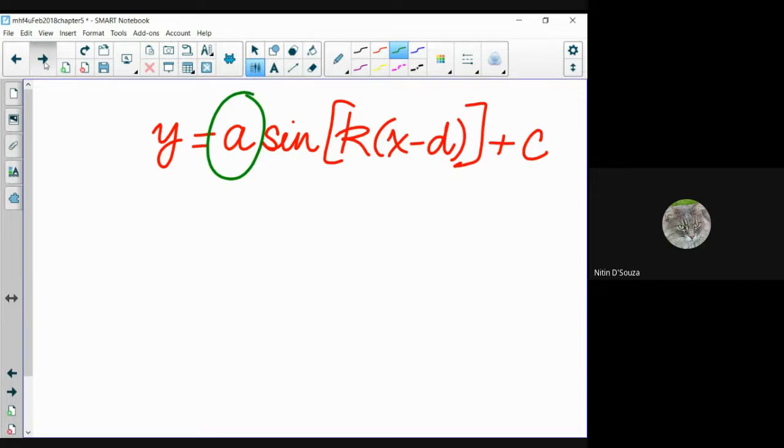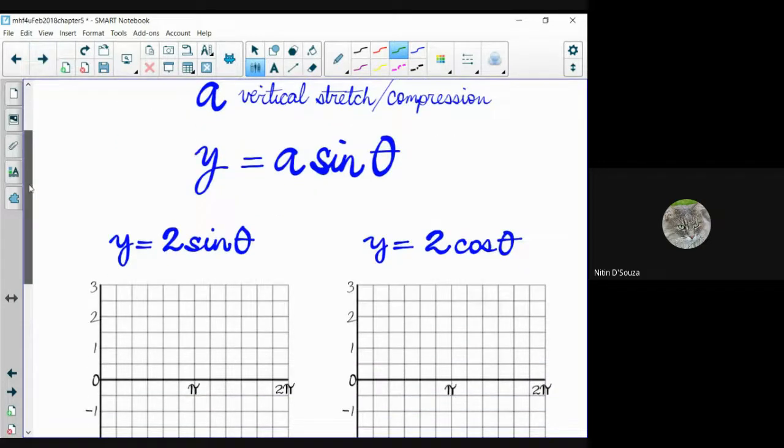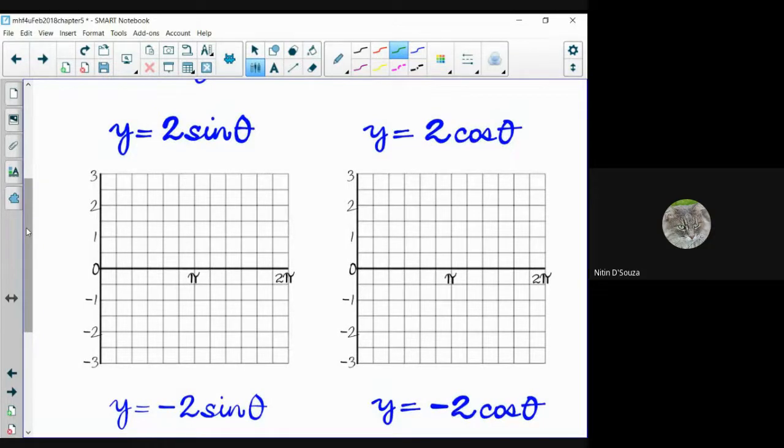So let's look at the first one. We're looking at vertical stretch or compression. I'm going to start with my first graph. And to help you, I'm going to draw just my base graph to show you how it stretches. So my base graph might look like, for sine theta, my max will be there.